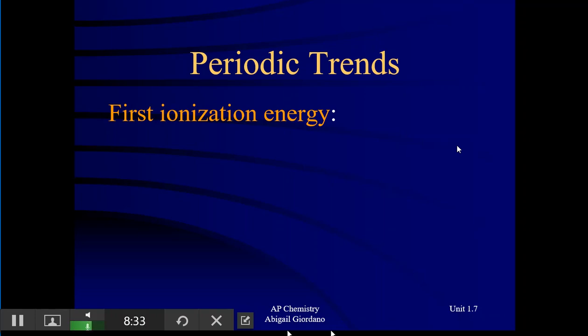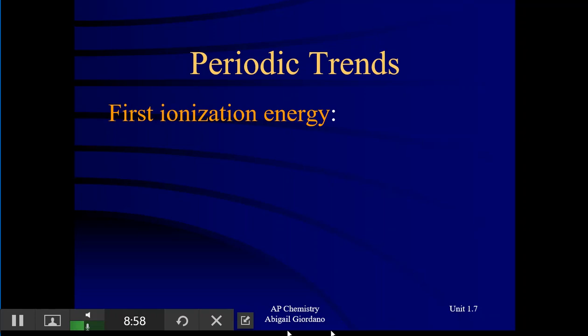Okay, so what's the trend in ionization energy? Well, let's remember, guys, what was the trend in the effective nuclear charge up and down? As you move from top to bottom, effective nuclear charge, the strength of the attraction between nucleus and electrons, weakens. So what does that mean?